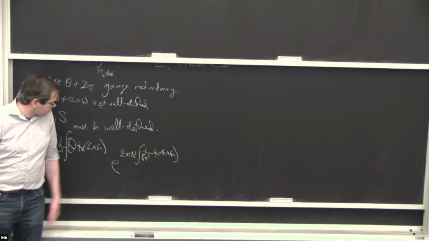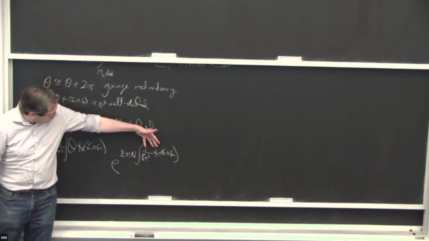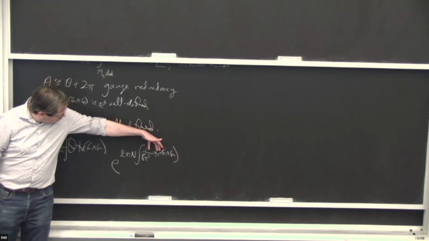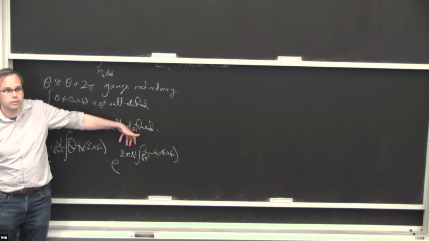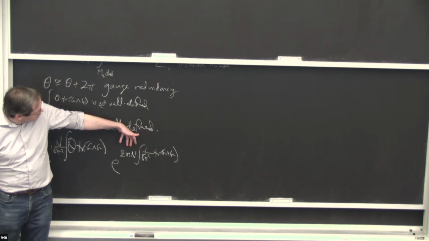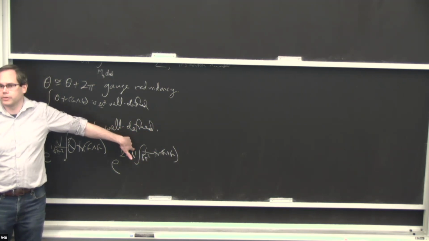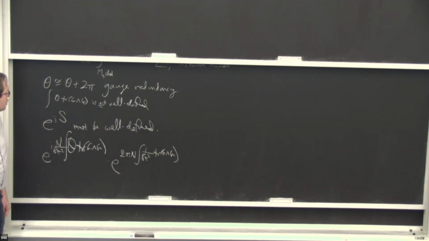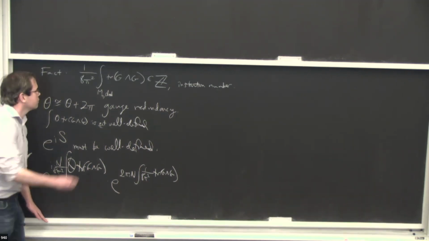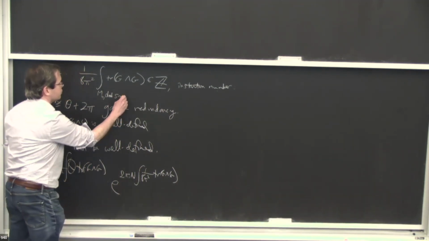This integral is an integer. If I look at the smallest integer it can be, 1. This thing had better be trivial to make my path integral well defined, and that only works if n is an integer. This is for topology S4. This is for any closed spin manifold.